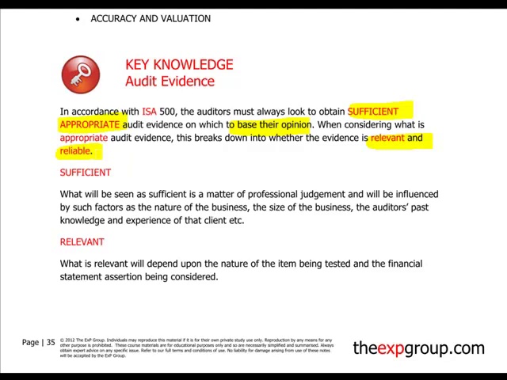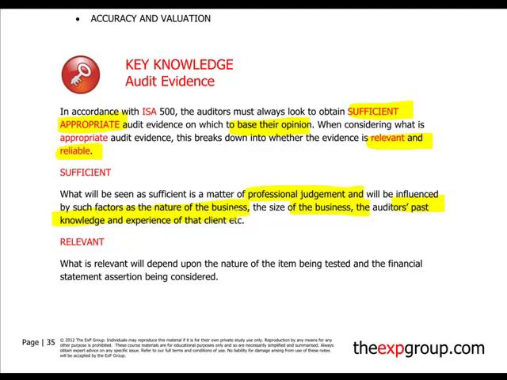So sufficient would be enough to cover the audit risk that the auditor identified. It's a matter of professional judgment though, and will be influenced by factors like the nature of the business, size of the business, the auditor's past experience and knowledge about the client, and the industry maybe. This will help the auditor to reduce the audit risk and to ascertain whether he needs more evidence to cover that risk or not.